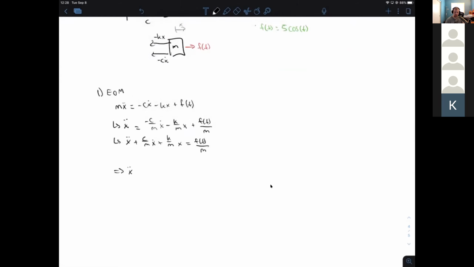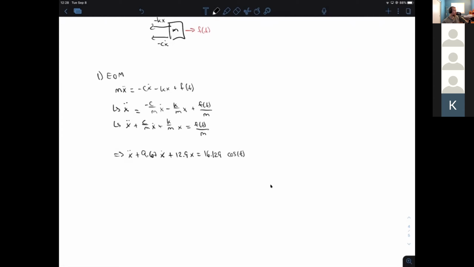So we're going to have x double dot plus 9.67 x dot plus 12.9 x equals 16.129 cosine of t. Not the most pretty numbers. I didn't feel like trying to make pretty numbers here, but that doesn't matter.